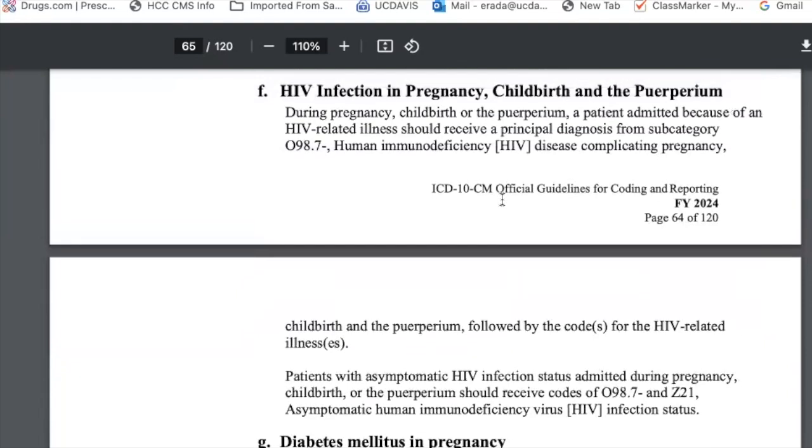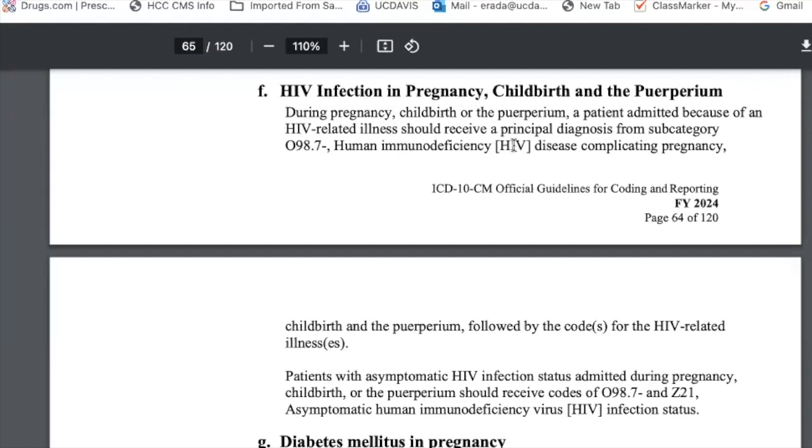What about HIV infection in pregnancy? During pregnancy, childbirth, or the puerperium, a patient admitted because of an HIV-related illness should receive a principal diagnosis from subcategory O98.7. This O98.7, guys, if you look up pregnancy complicated by HIV, is the code you are going to see.